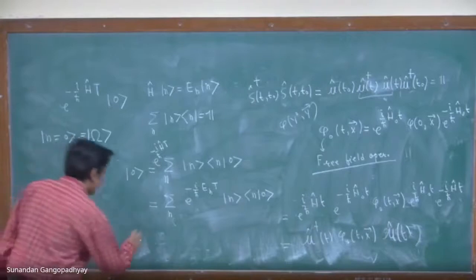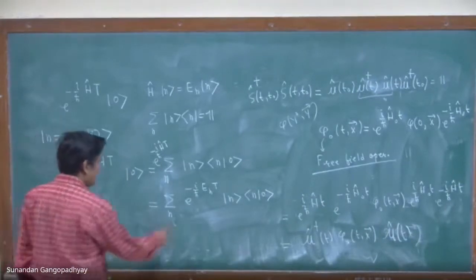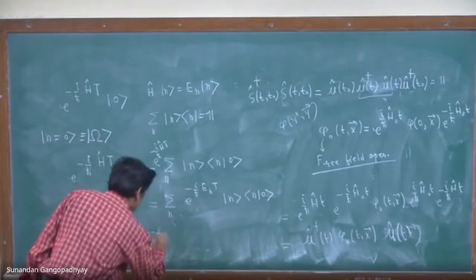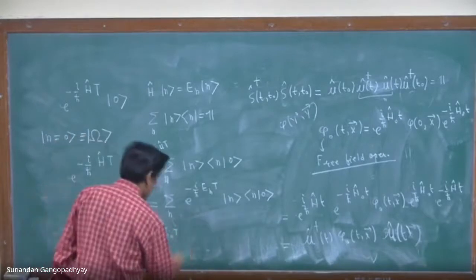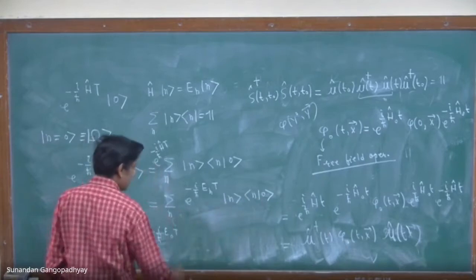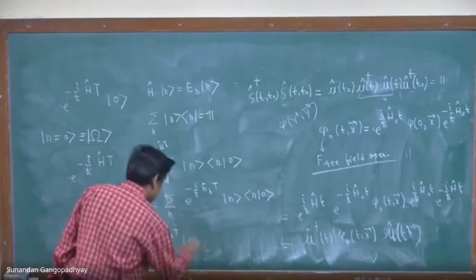This we can write down as, we can just isolate the n is equal to 0 state. This will give us t 0 0, and then we have 0.